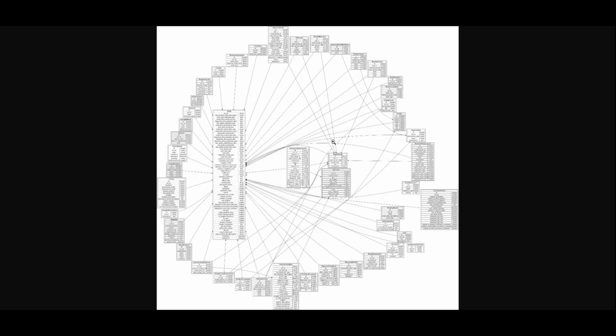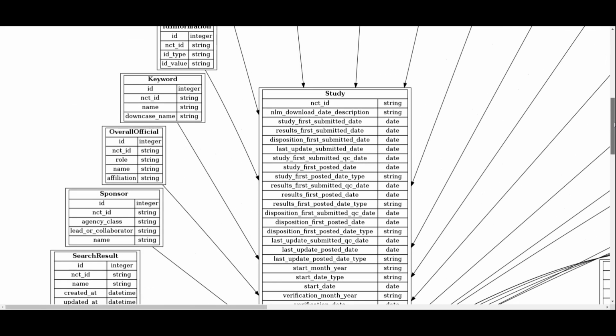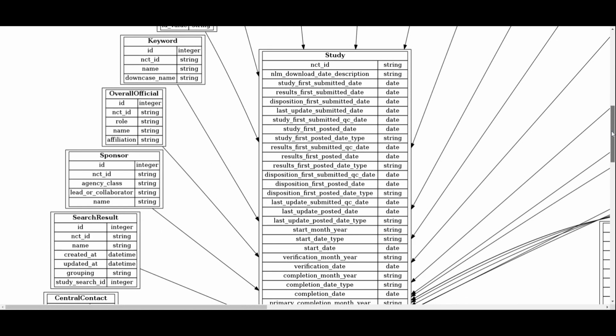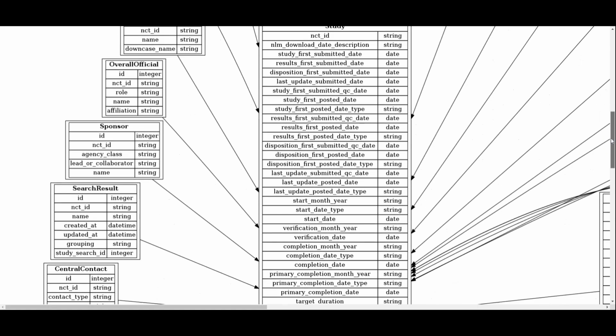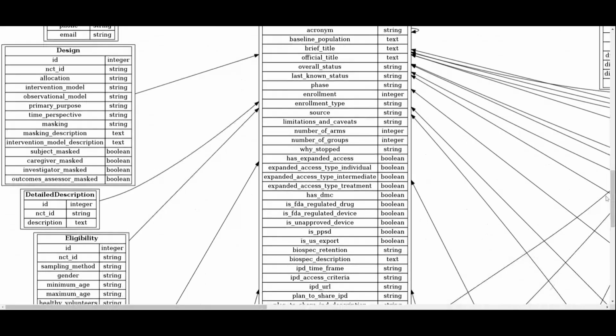Here, study table is the main table. This contains the most number of columns, and therefore, it can give more insights of the data than other tables. Other tables are related to some of each columns, and that's the basic structure of this relational database.